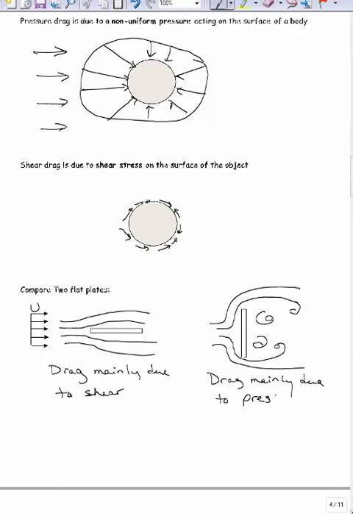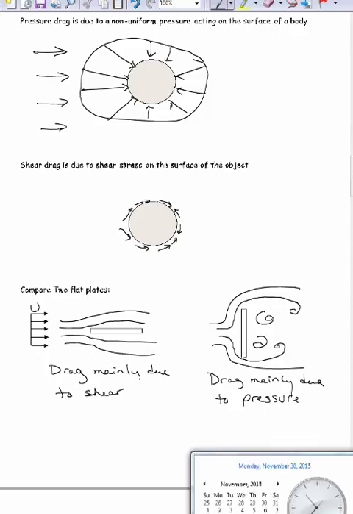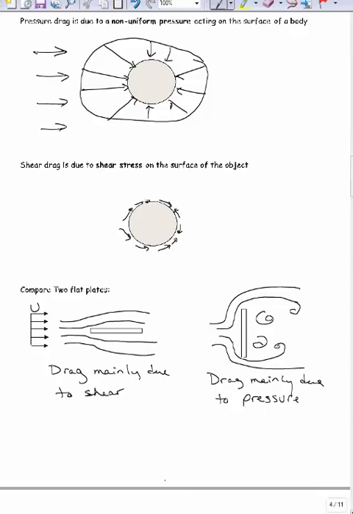So you're going to get a much higher pressure on the front because that plate is having to turn that fluid than you have in the back, and you have kind of a void in the back where those vortices are, where that separation is. Which is also going to cause drag. So you're going to get a much higher drag in this case.